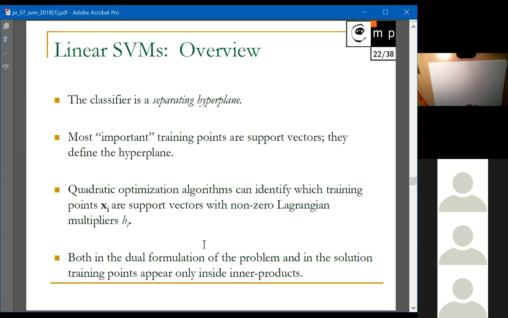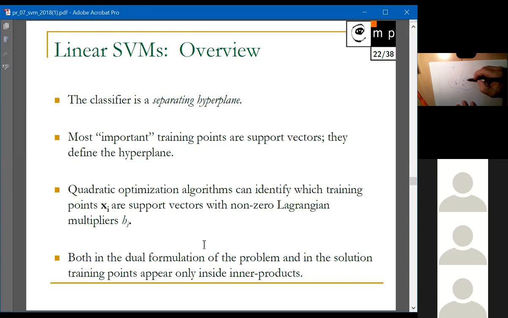By the way, an interesting point which is not immediately obvious: if we have two classes like that, perhaps, then let's say the SVM finds this, and the support vectors will be these three vectors. This is your training set T. If you only pass to the minimizer these three points, you will get the same solution.